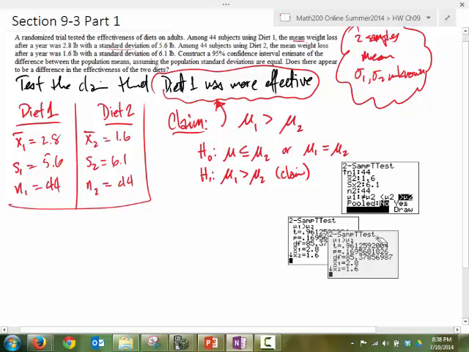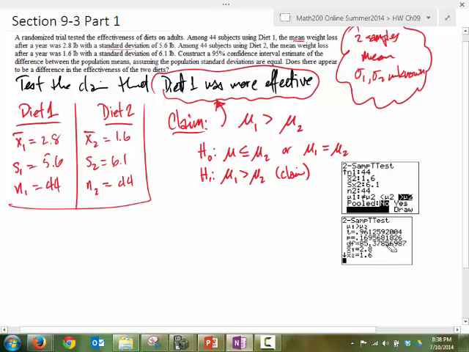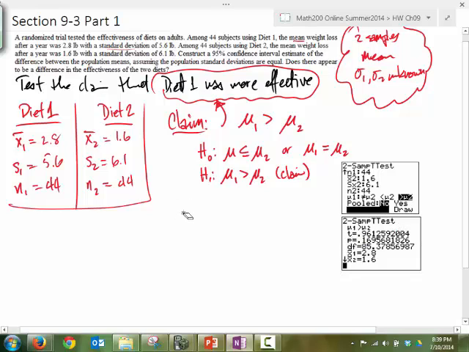Our result gave us our test statistic, and our test statistic is a t-test statistic. So I'll say t is equal to 0.9612 or 3.